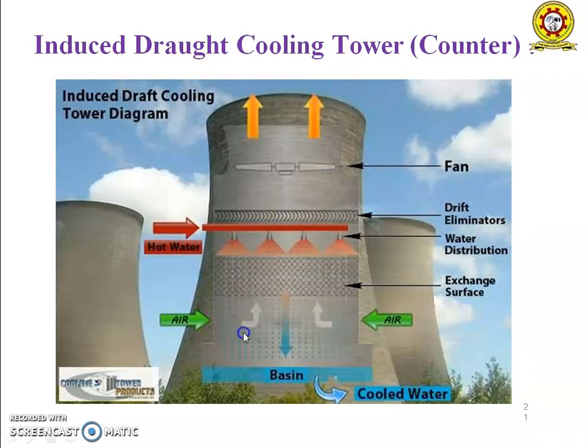Here the fan is used and the air is entering here. This is the basin, the hot water is sent into this, and the drift eliminators are used here. This is the exchange surface of the hot water and the air. The hot water temperature reduces and it is collected in the basin and sent into the condenser, and the temperature of the air increases and it is sent outside like this.